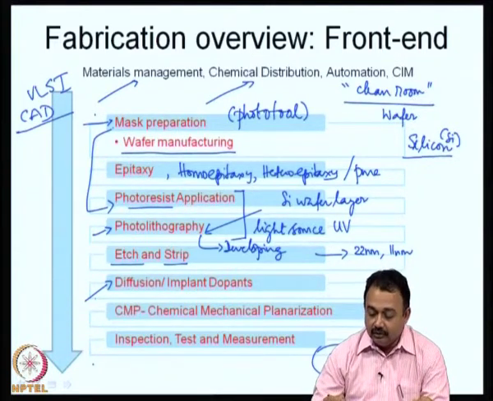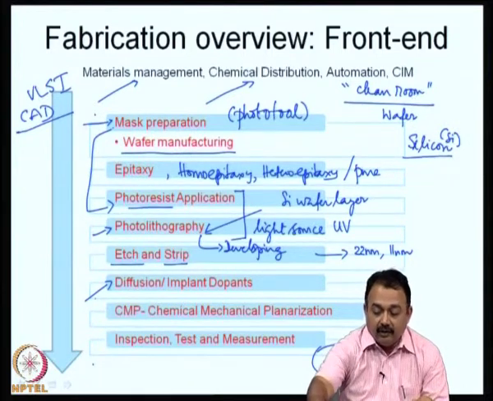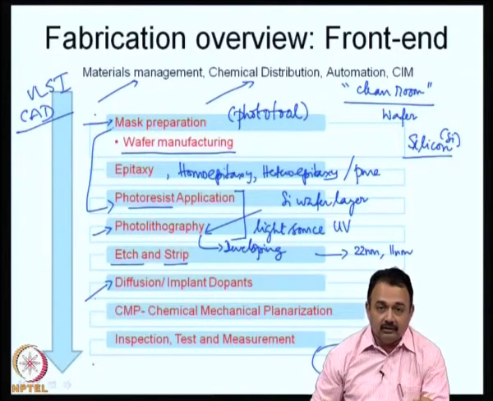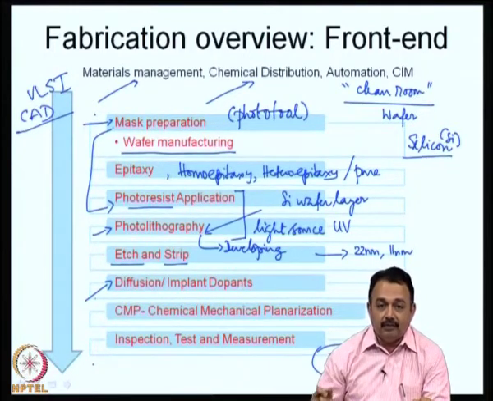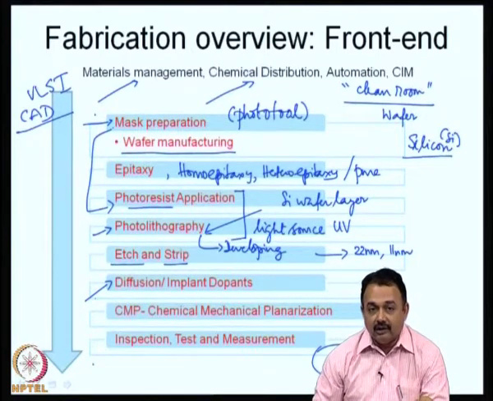You are going to introduce new material that can provide better electron mobility than the host material, that is silicon, right. You are going to improve the properties of the semiconductor. So, dopants will change the electrical behavior and conductivity, which is what we are looking for as far as the electrical circuit is concerned.